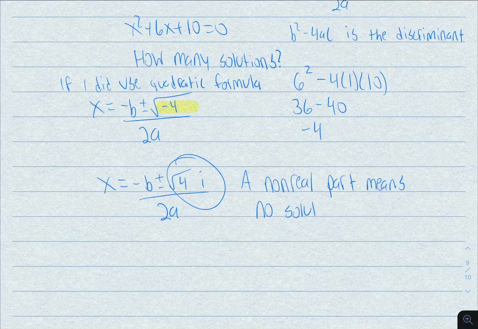Well, no real solutions. That means if you were trying to answer this question, you couldn't unless you bring in the complex numbers. They're not that complicated, to an extent, but explaining them is something for a different video.